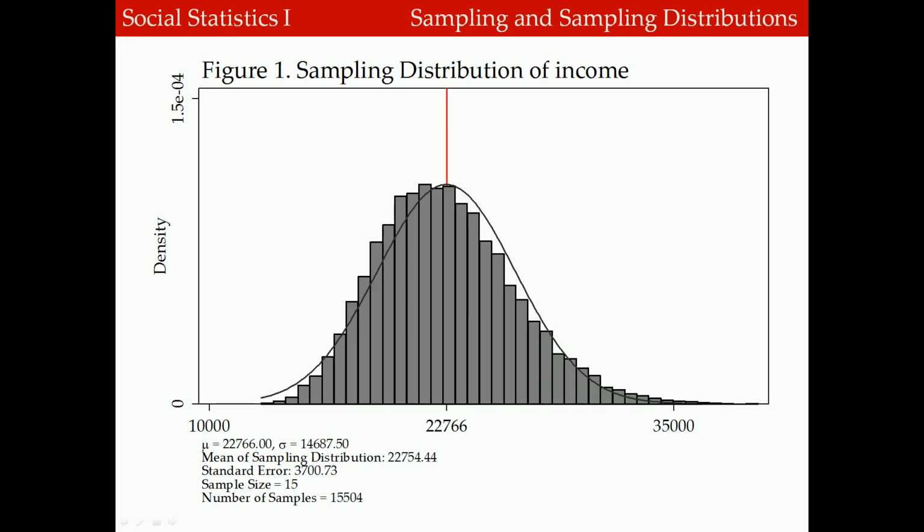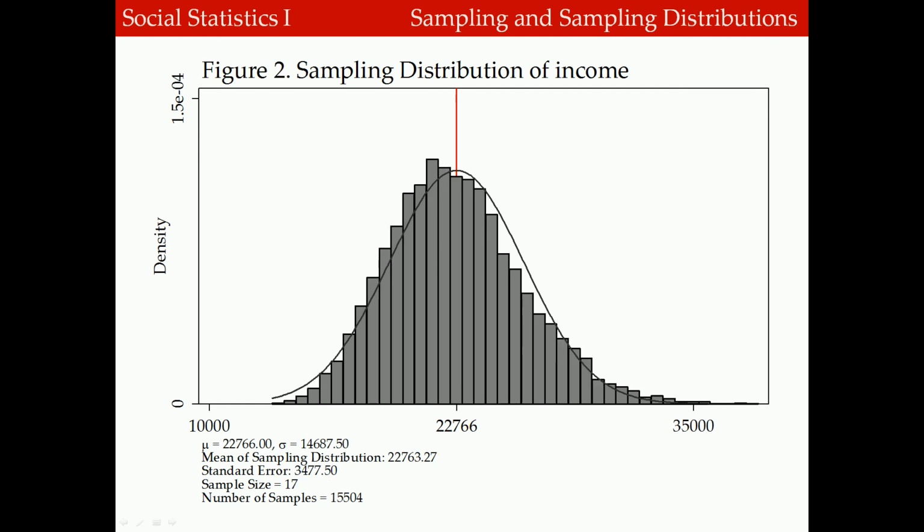Here's what the sampling distribution looks like based on samples of size 15 and 15,504 different samples. Notice that there's a normal distribution here, and it seems to be centered around the value of the true population mean, 22,766.